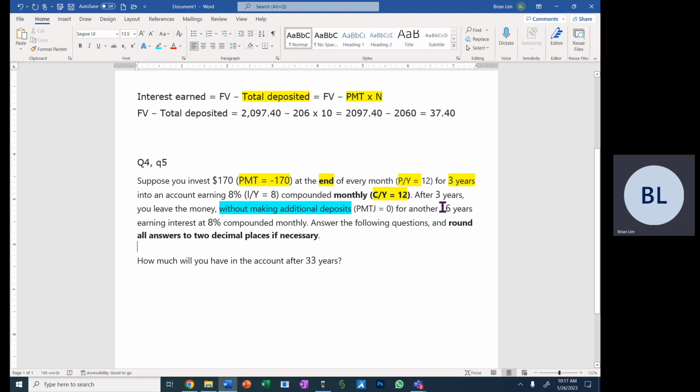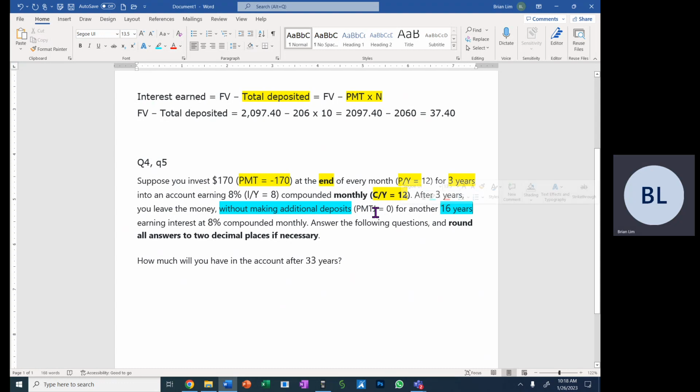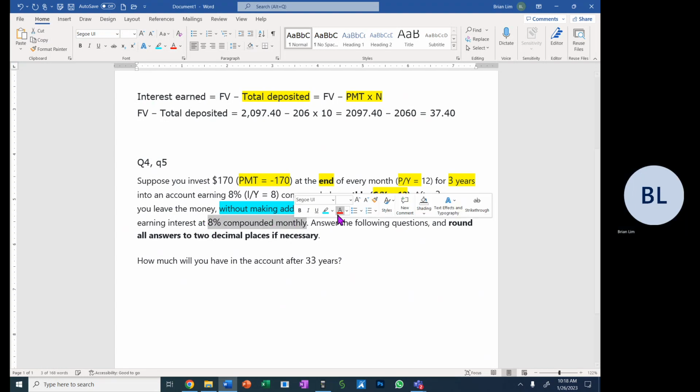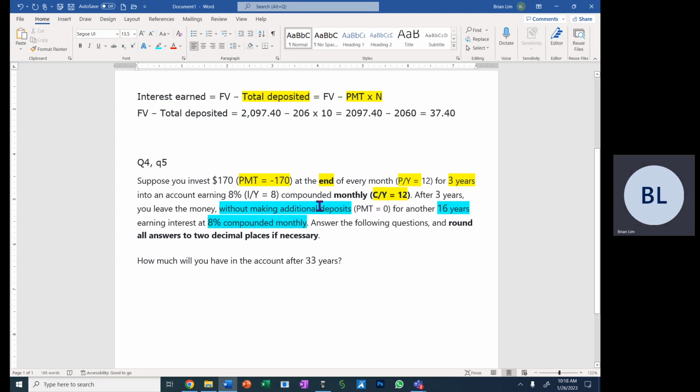So it's 16 more years, and PMT is 0. The interest is still 8% and it's compounded monthly, so it remains the same. The CY would still be equal to 12.